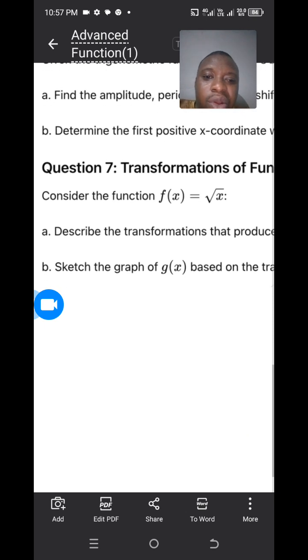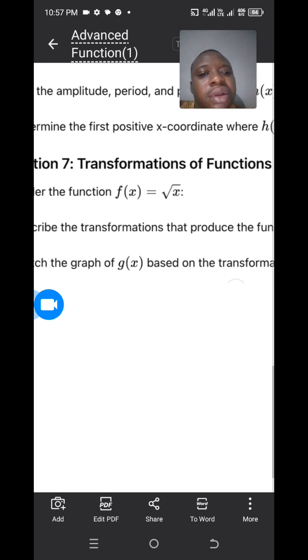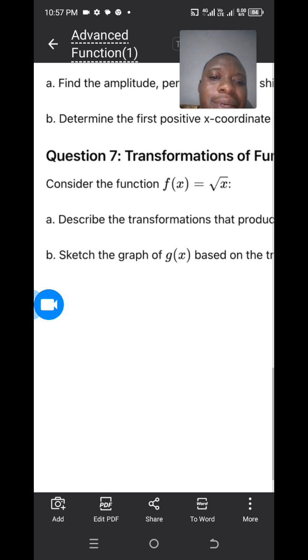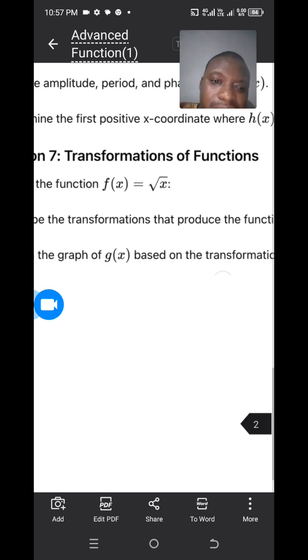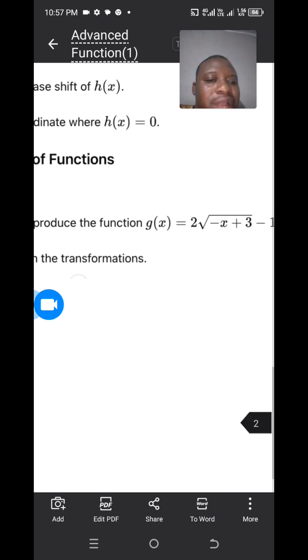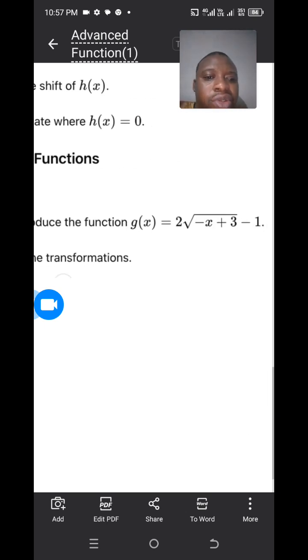Consider the function f of x equals square root of x. Describe the transformation that produces the function g of x equals 2 root of negative x plus 3, minus 1.